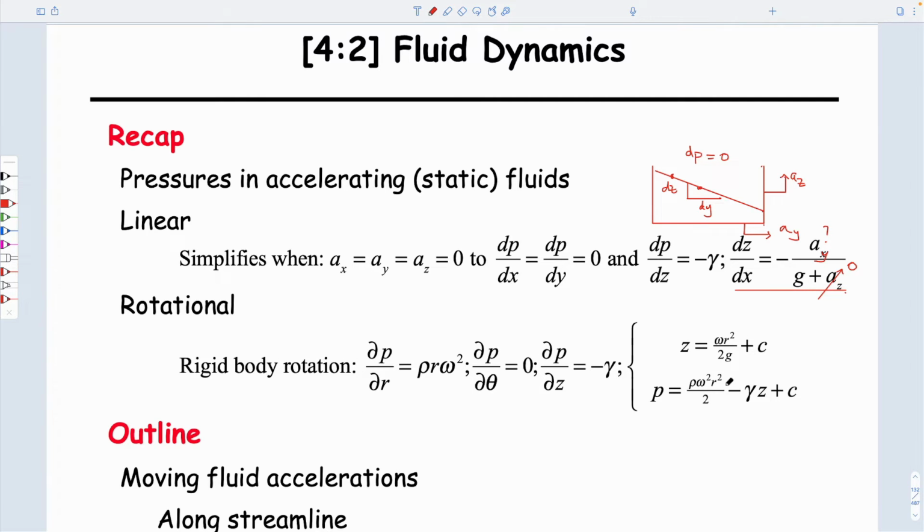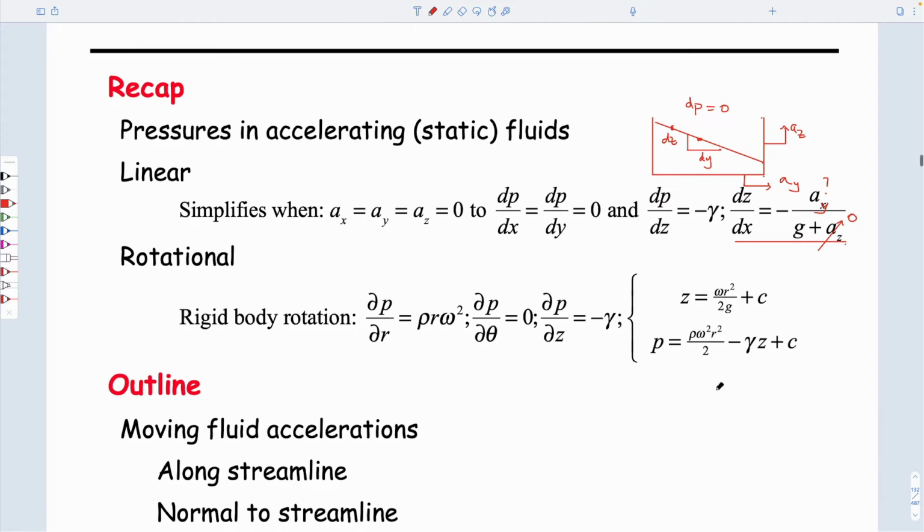And we did that. The other thing we could do also was to realize that within that fluid, we could get the gradient of pressure as you went with depth. And of course, that gradient of pressure we said was equal to minus rho times (g plus a_z), which is this, right?